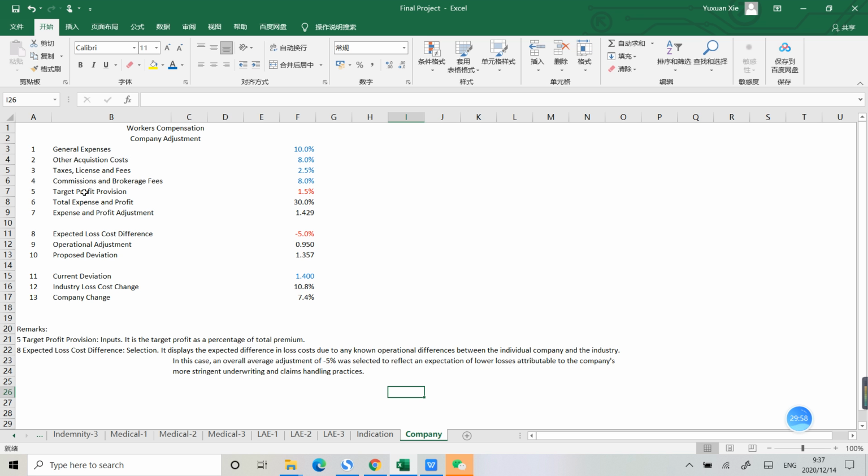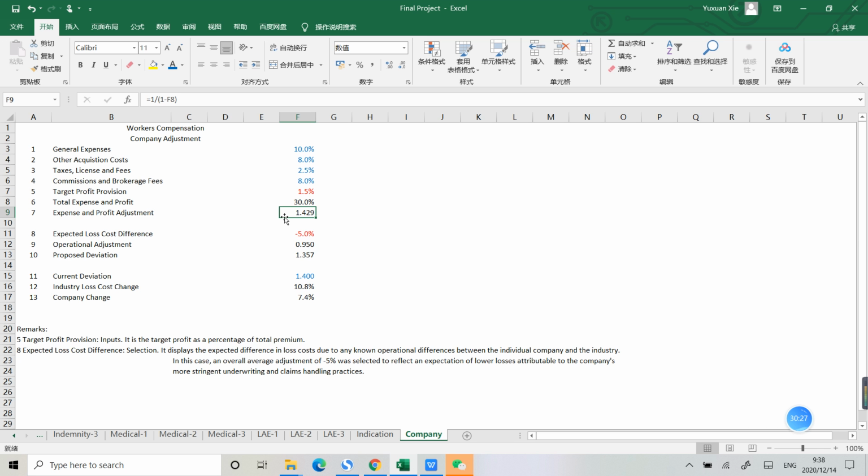Row 5 is the target profit as a percentage of total premium. Row 6 is the total of the expense and profit percentages. Row 7 is calculated as the reciprocal of 1 minus the total expense and profit percentage.